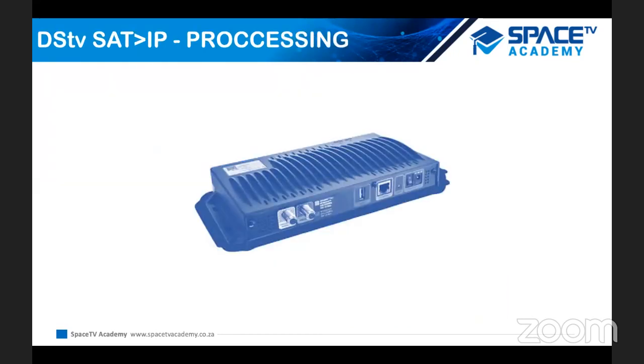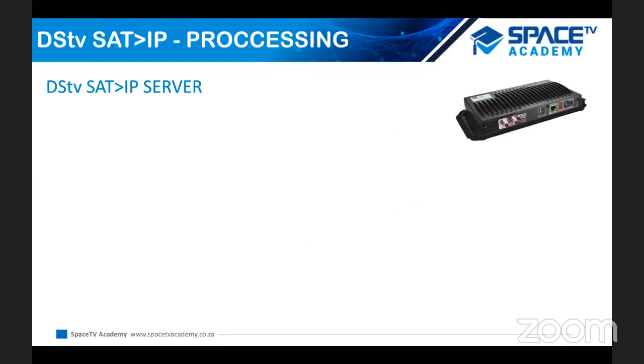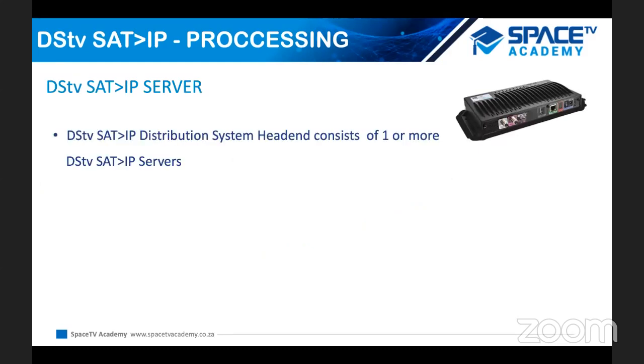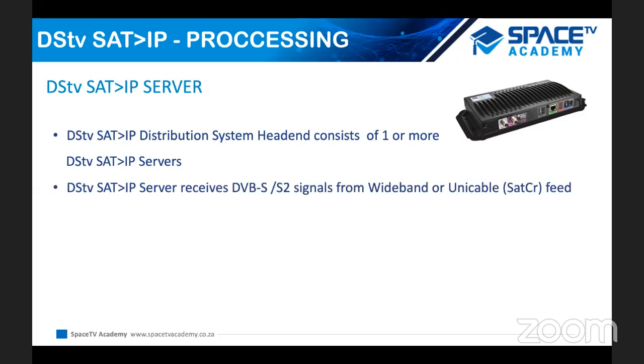Our next building block that we will be looking at is the processing, the SATIP processing. So in this case, it will be a DStv SATIP server. The DStv SATIP distribution system then consists of one or more DStv SATIP servers, depending on your network size. The DStv SATIP server receives the DVB-S S2 signals from a wideband or unicable feed, as we've mentioned.